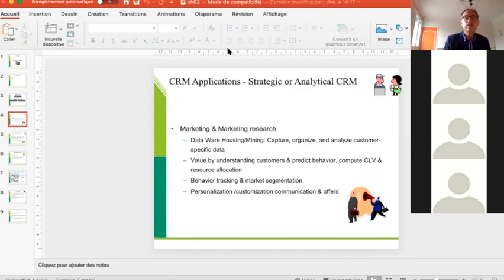This is strategic or analytical CRM, where you use the data, where you understand the customers, where you segment according to value, where you allocate resources according to value, which is called resource allocation or value alignment. And finally, you learn more and more about customers: the longer the relationship lasts, the deeper will be the knowledge about the customers. And this enables the firm then to do more personalized offers. This is actually the real challenge today.